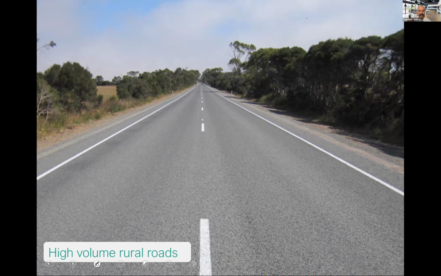Don't get me wrong, I'm not suggesting it on like the Princess Highway or something like that, with these major freight routes and all this freight running through there at night and those sort of things. Well, no, they're bigger.